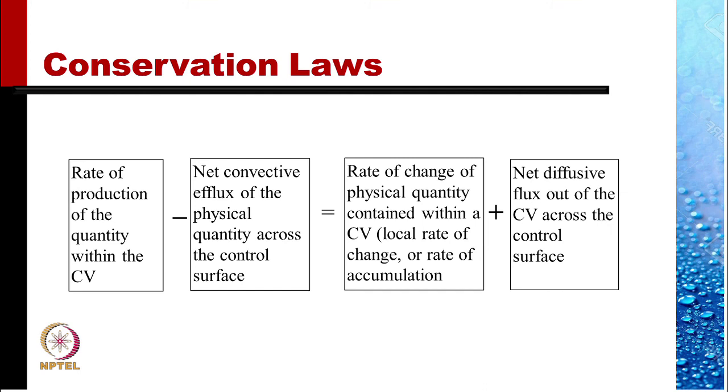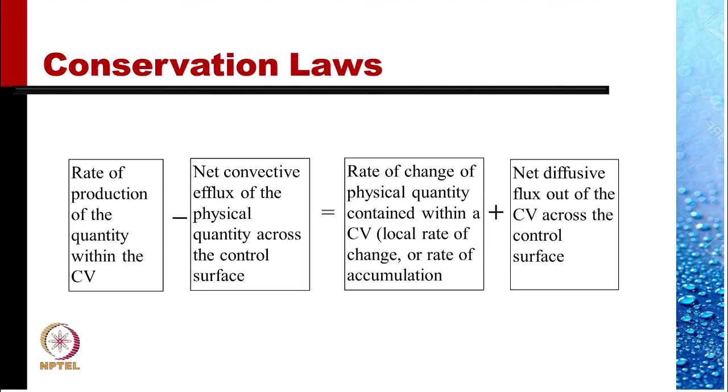The first efflux, which is the second term on the left, is the physical quantity that moves out of the control volume in association with the mass crossing the boundaries of the system.